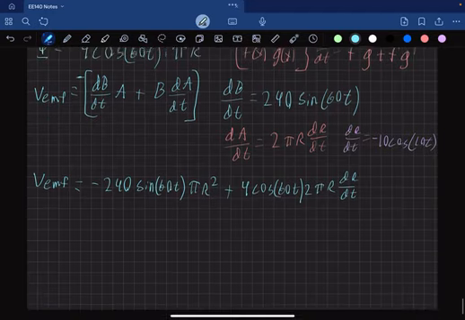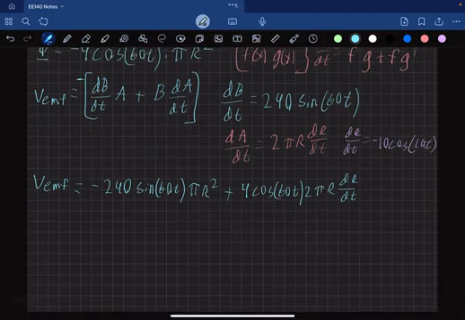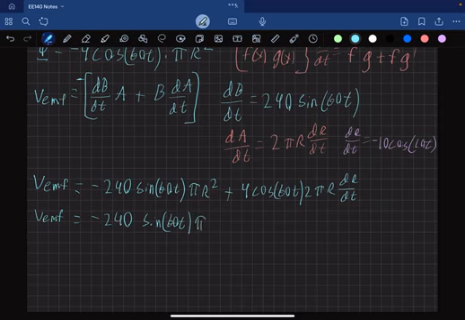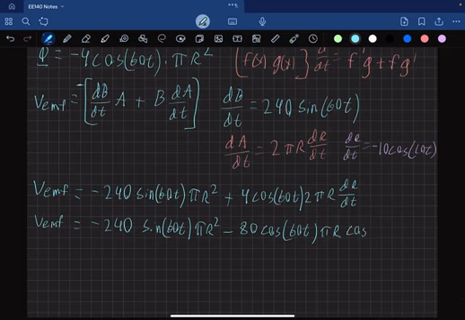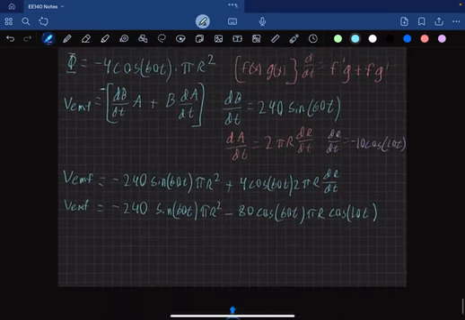Plugging in for dr/dt, we have V EMF is equal to -240 sine 60t times pi r squared minus 80 cosine 60t pi r times cosine 10t. Okay, and that is our final value for V EMF.